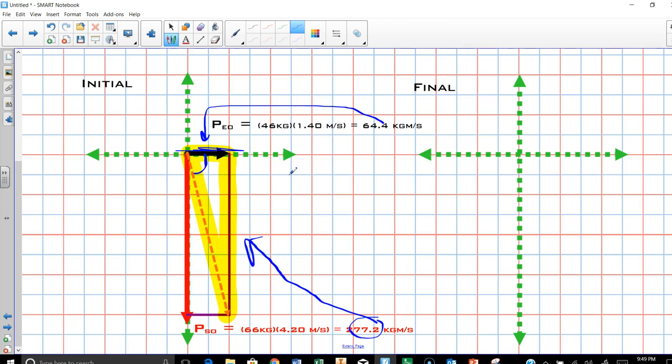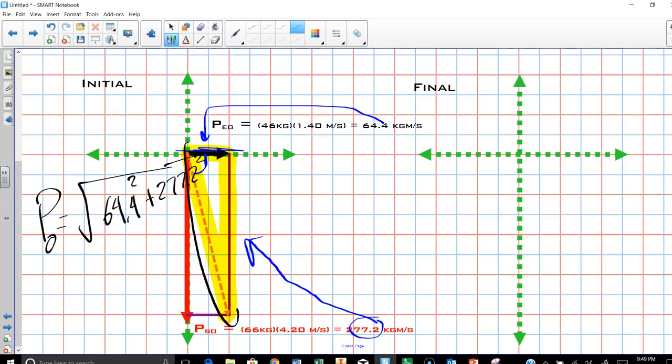Now, I'm digging for a pen. There we go. So the overall initial momentum before the collision is going to be the square root of 64.4 squared plus 277.2 squared. And you get that number. Now, let's say this again.